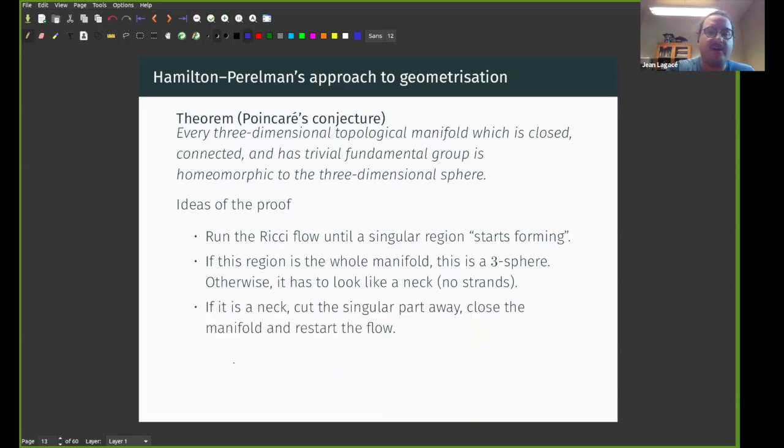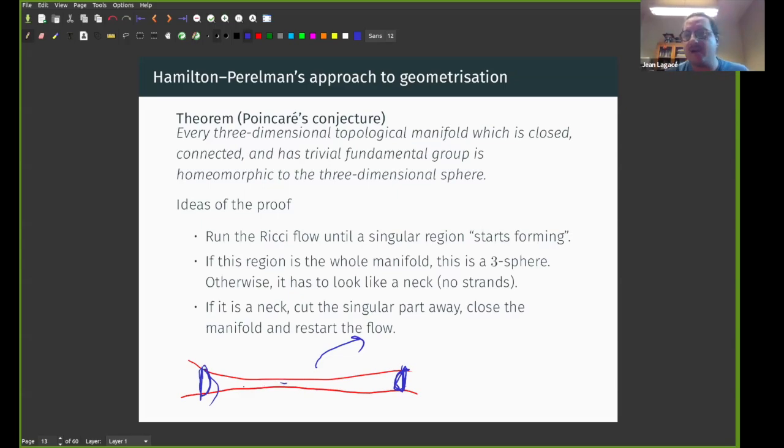Now, if you have this neck that has very high curvature, what you want to do is cut this neck at two parts, remove it, and cap off both sides of this with a disk and restart the flow.